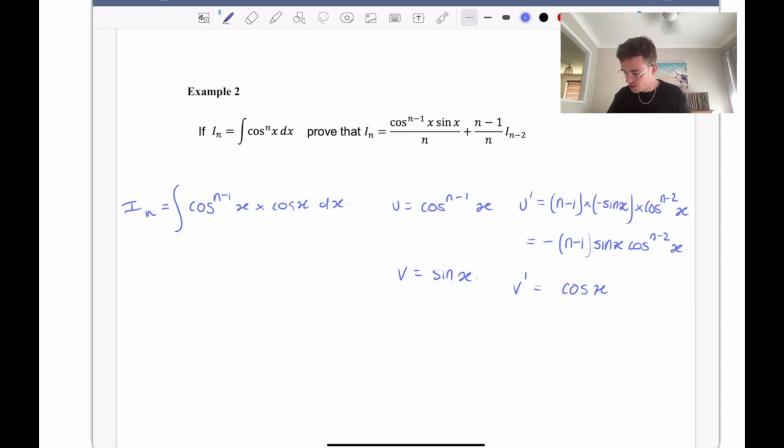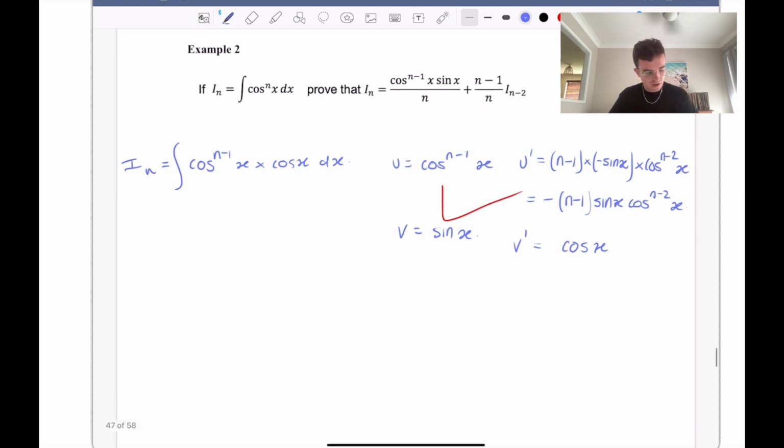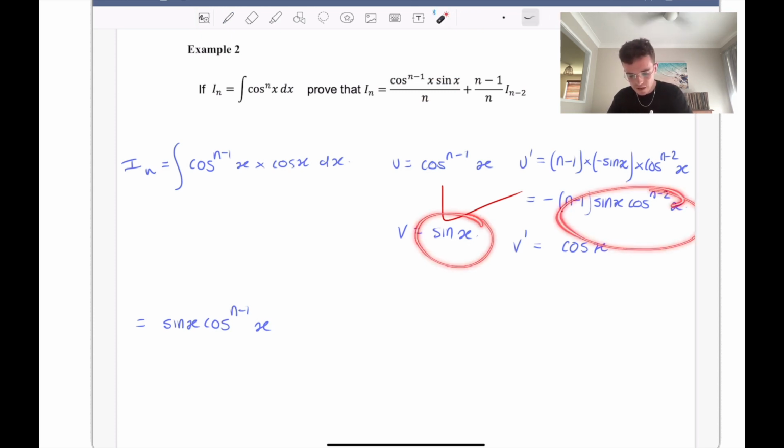So all we have to do now is integrate by parts using our tick method. So this is equal to sin x cos^(n-1) x. Take away, and if we multiply that by that, the minus is going to die, so let's just write plus.